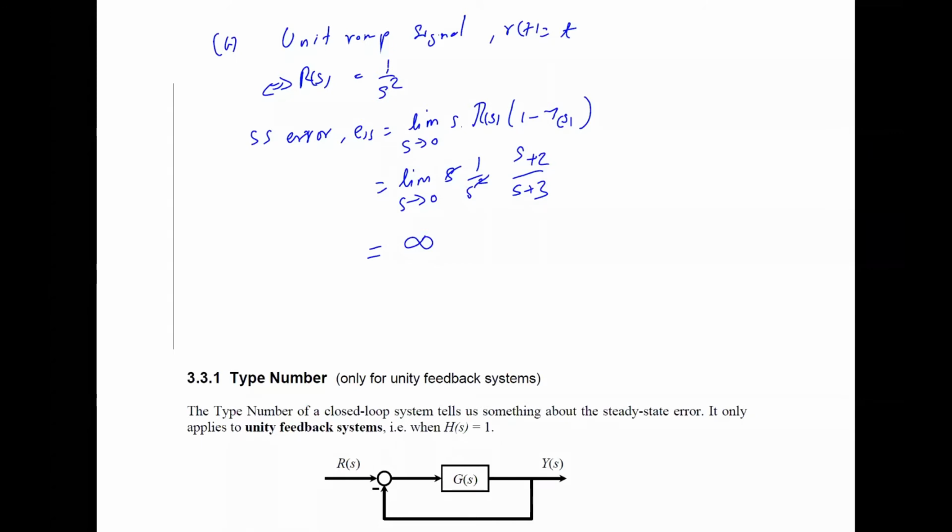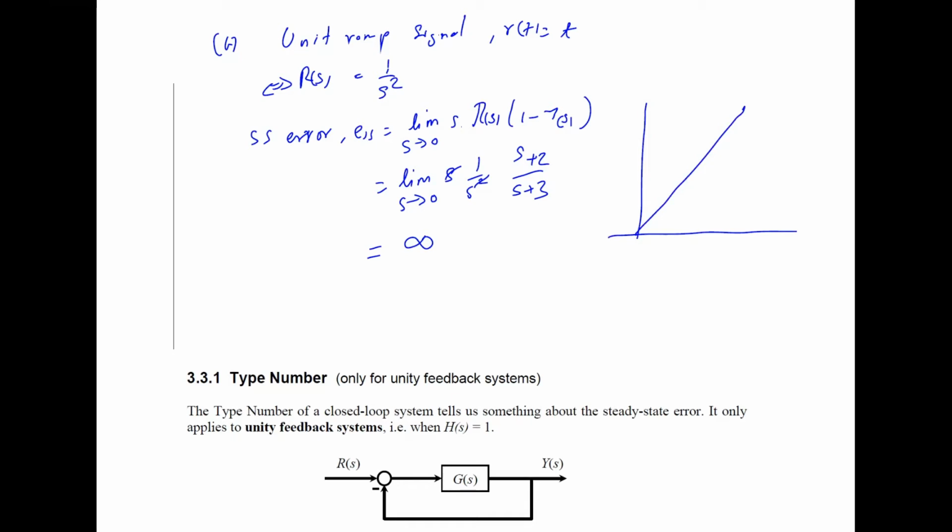This infinite steady state error means that as time t approaches infinity, the reference signal and the output signal are diverging. In this case, we applied a unit ramp signal, so this has a slope of 1.